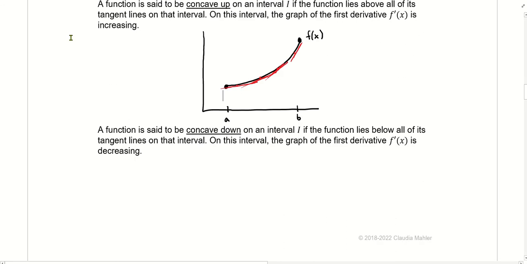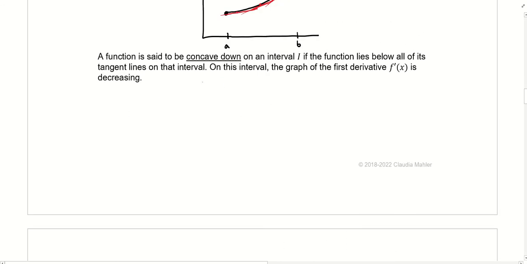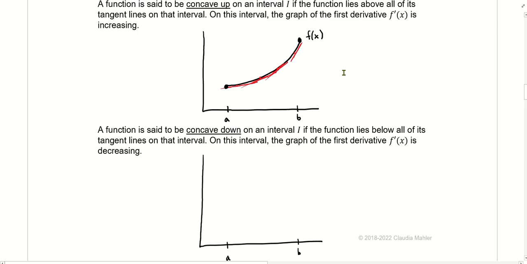Concave down is just the opposite. If we have the same sort of thing, a function on an interval from a to b, we say that this function is concave down if the function lies below all of its tangent lines on that interval. So if we had something like this, here's our function f of x, and we think about its tangent lines.